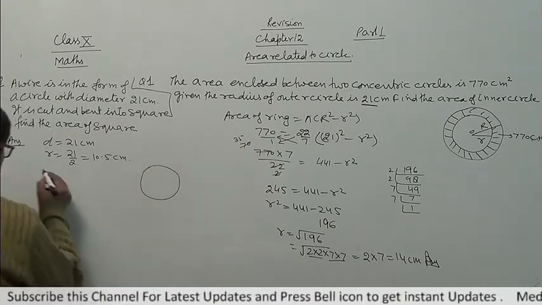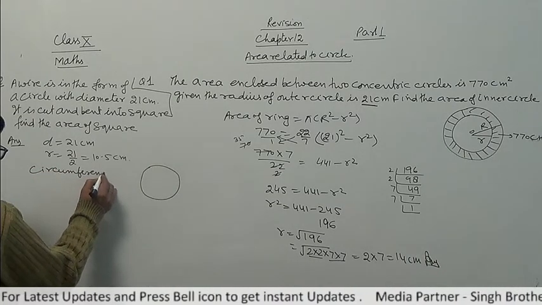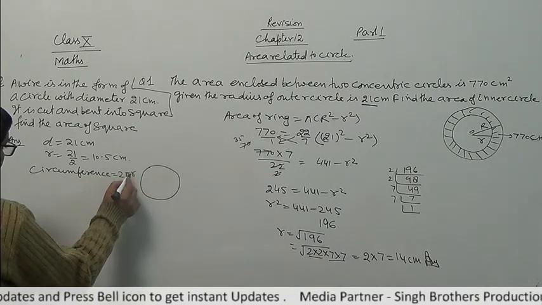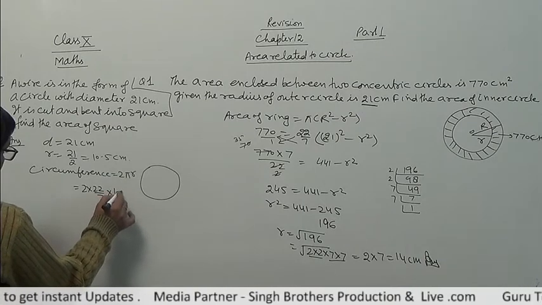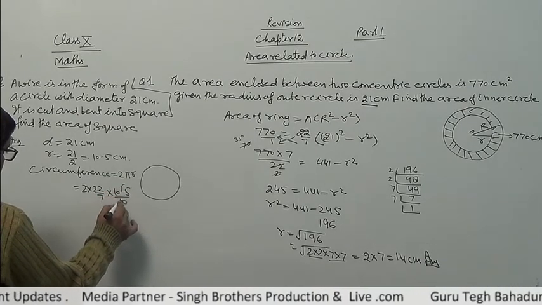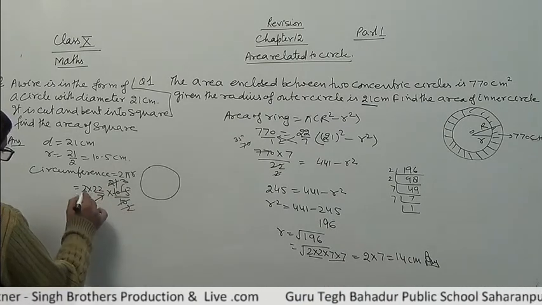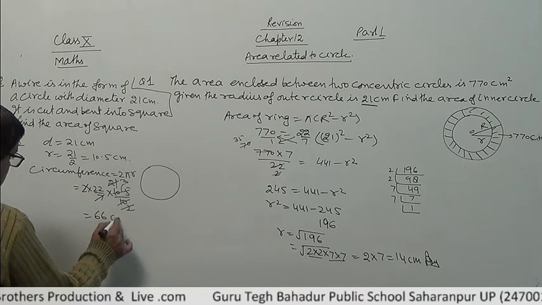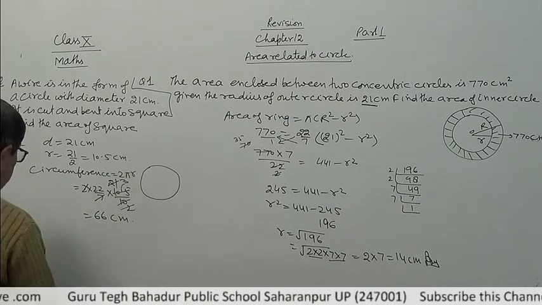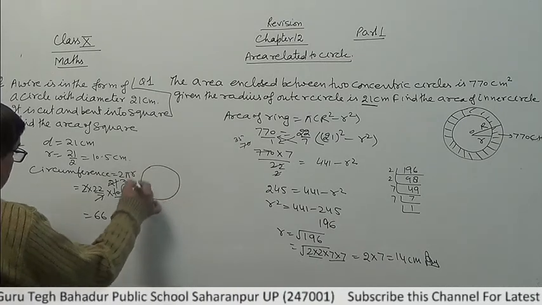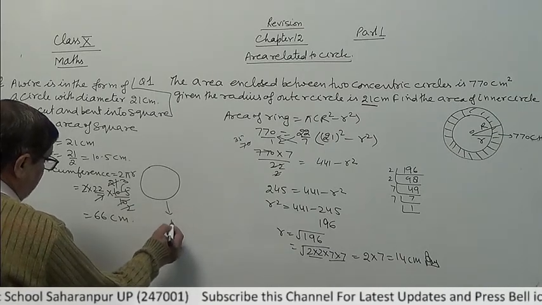So circumference is equal to 2 pi r, 2 into 22 upon 7 into 10.5. Cancelling, we get 66 centimeter. This is the length of this wire. It is converted into the form of a square.